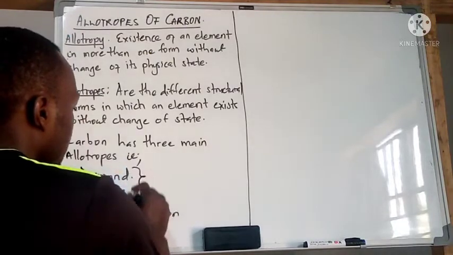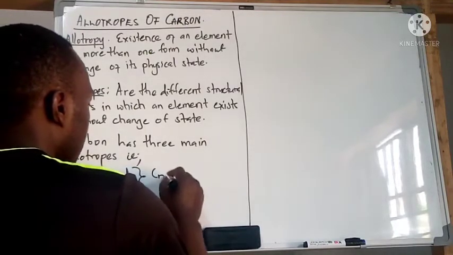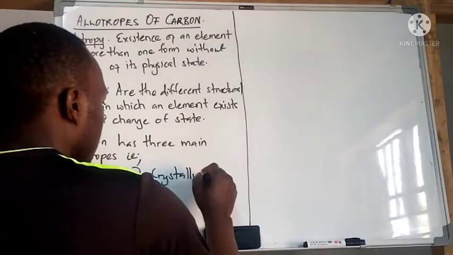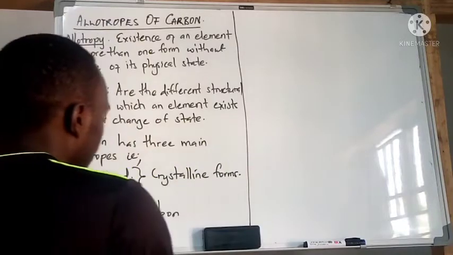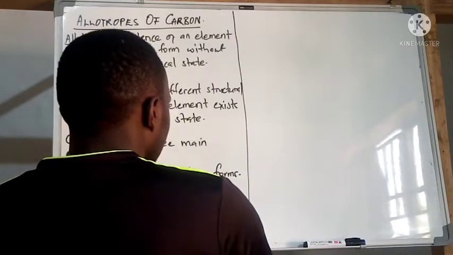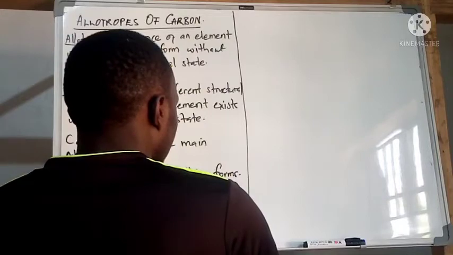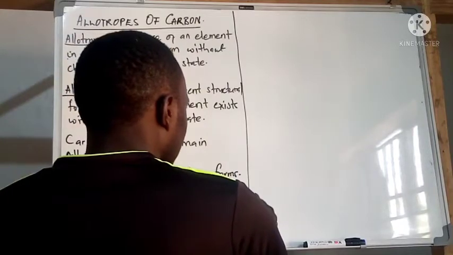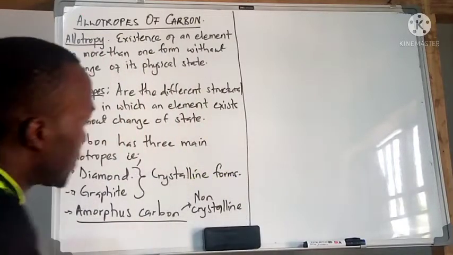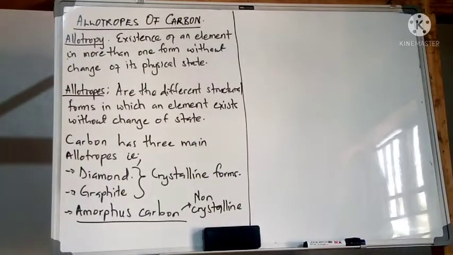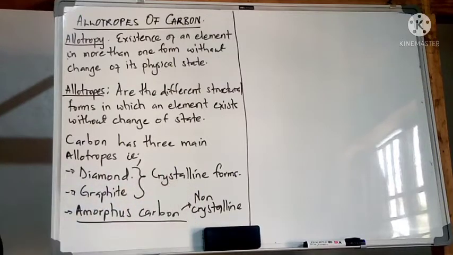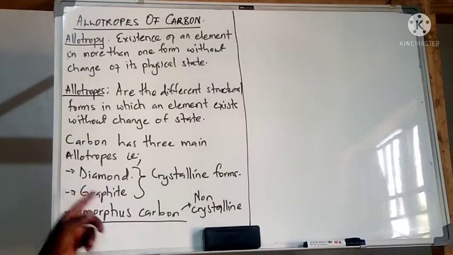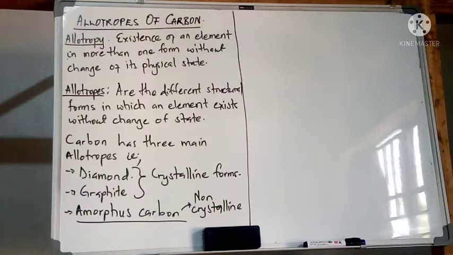Diamond and graphite are crystalline forms, and amorphous carbon is non-crystalline. So if you meet a question which requests you to give the crystalline allotropes of carbon, we are to name diamond and then graphite.